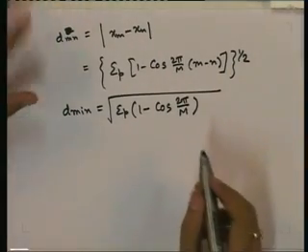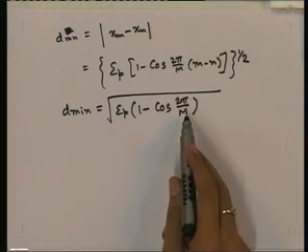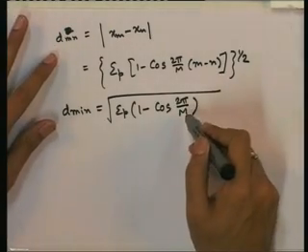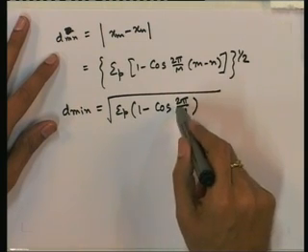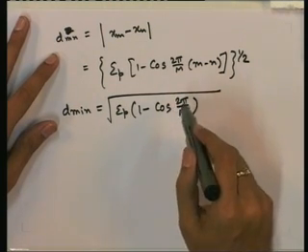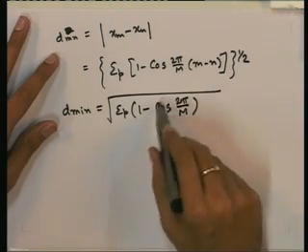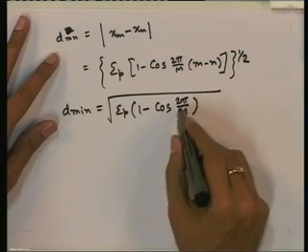This is the minimum distance, and as you can see, this also tells us that if we increase capital M, this minimum distance will decrease, because if we increase capital M, that means this angle is smaller, and as this angle becomes smaller and smaller, cos of that value increases.